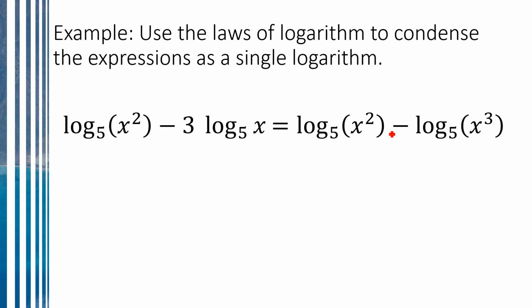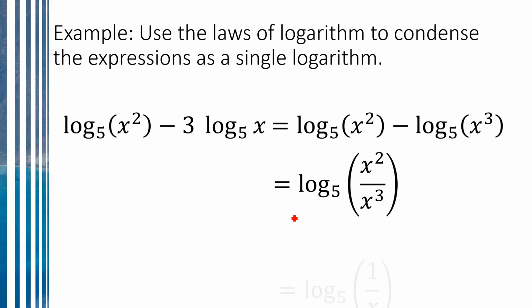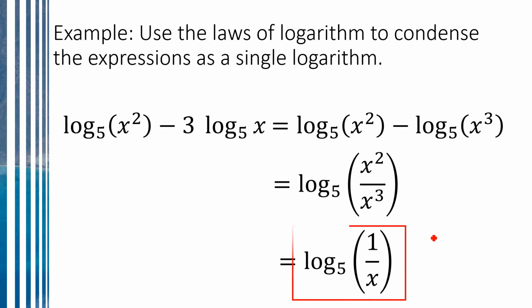Now, since we have subtraction, we could have the logarithm of x squared over x cubed with base 5. Since they have the same base, we subtract the exponents. So you have the logarithm of 1 over x with base 5 because 3 minus 2 equals 1. And that is our final answer.